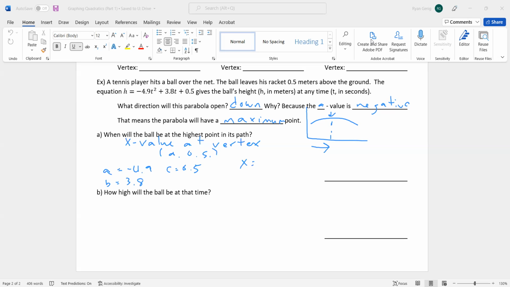So X equals negative B over 2A. B is again 3.8. A is negative 4.9. So that's negative 3.8 divided by negative 9.8. So then you just do the calculator here. Negative 3.8 divided by negative 9.8, and you get 0.3877.